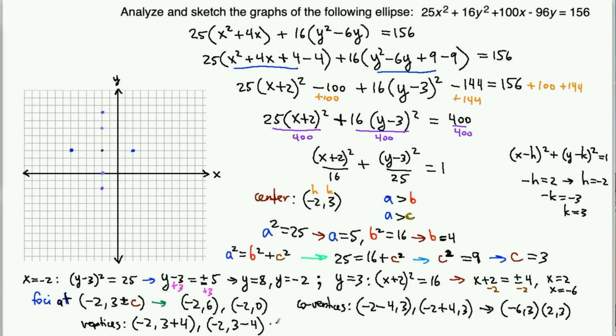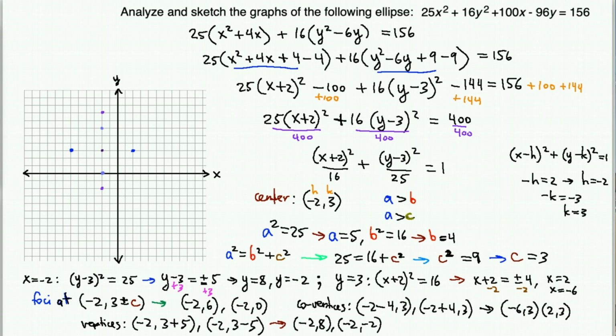So that should give us -2, and then, sorry, the A value was 5, not 4. Why did I put 4 here? It should be 5. Minus 2 plus 5. And 3 plus 5, 3 minus 5, so that's -2, 8. And -2, -2. Let's confirm that. -2, 8, 4, 5, 6, 7, 8. Beautiful. And -2, -2. Good. So these are the vertices.